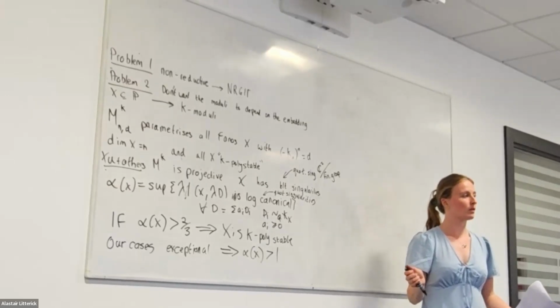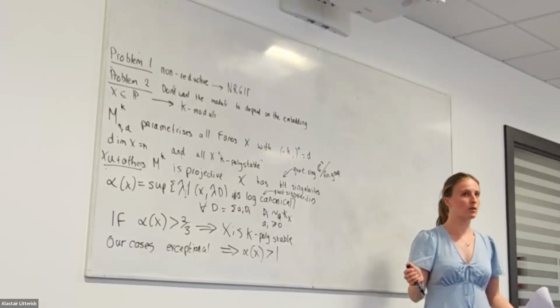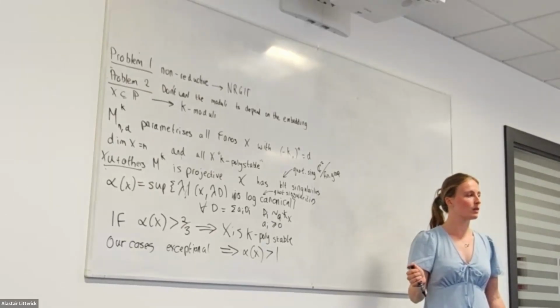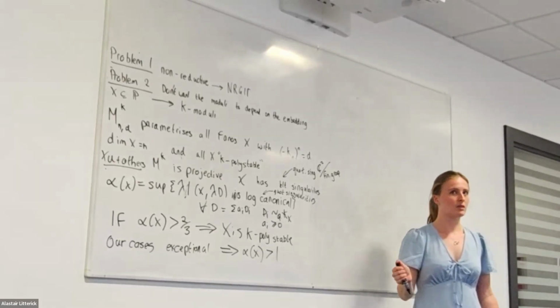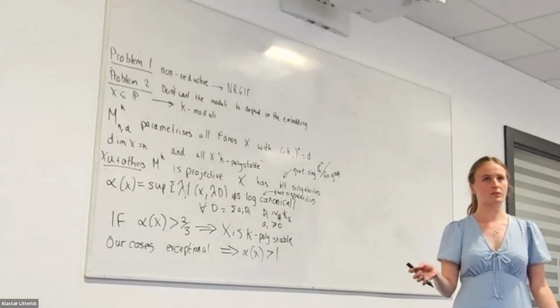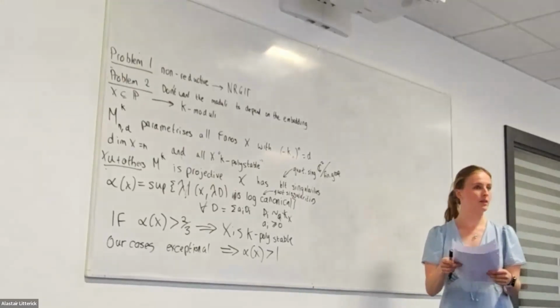No. If it's larger or equal, it's going to be K-stable. If it's larger than 2/3, it's okay. We'll talk about it later. I'm going to stop her. She has very little time, so calm down. It's going to be okay. I'll explain to you later.